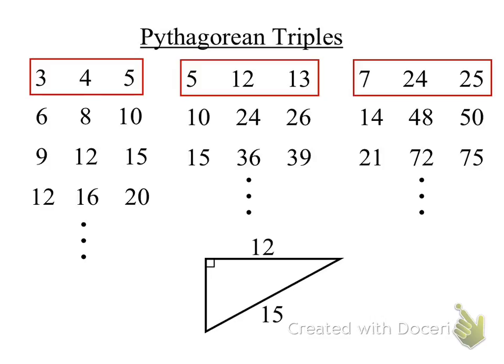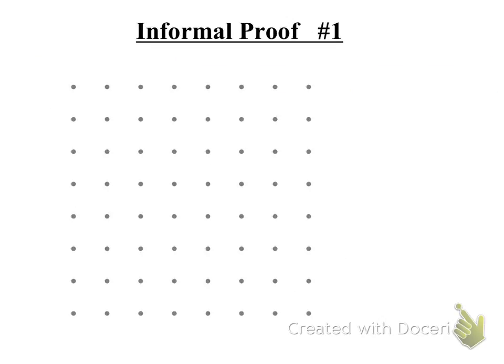Okay. All right, now we're going to do a proof. Okay? This is going to be kind of hard to write down, so I want you to just pay attention. We're going to talk our way through it. Now, generally, when you do a proof, you do a two-column proof. It's a formal proof.